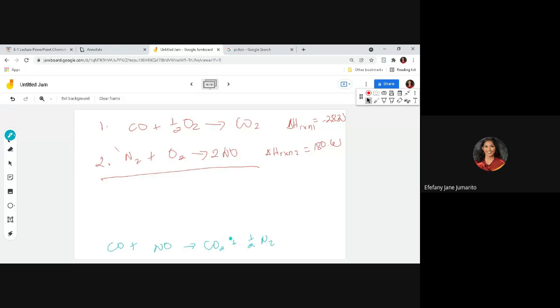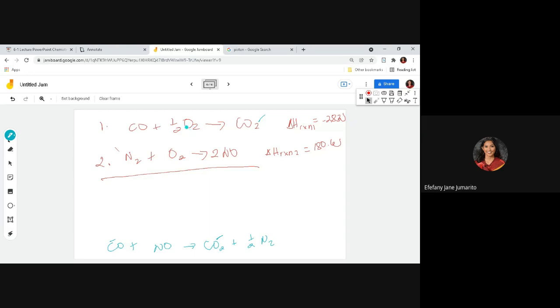So what will we do in order for us to get this product? We have CO, it is already on the reactant side. Then we have CO2 on the product side, good. Then the O2, okay, there is no O2.